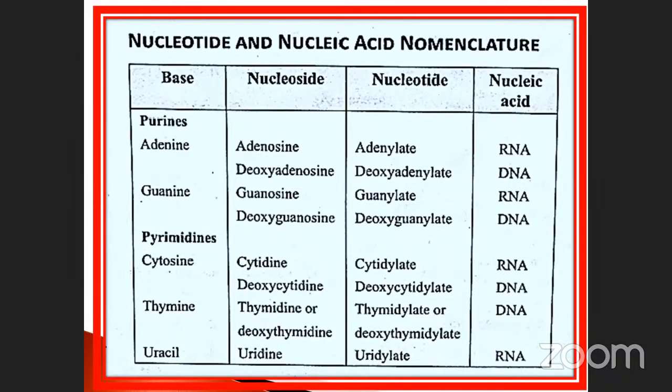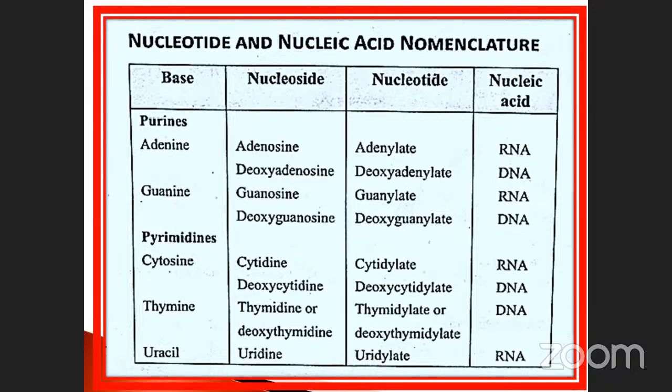That's why you have to put deoxy before adenosine. Deoxyadenosine converted to nucleotide, deoxyadenylate, DNA. Guanosine, guanylate, RNA. Deoxyguanosine, deoxyguanylate, DNA. This is purine.